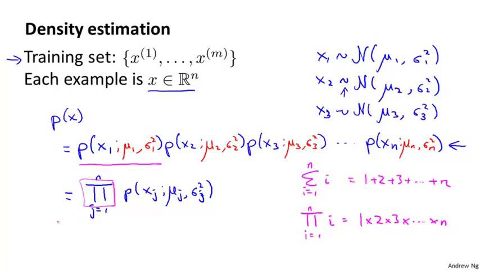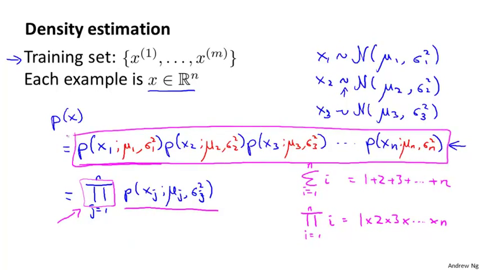And so using this product notation, this product from j equals 1 through n of this expression is just a more compact, or shorter, way of writing out this huge product of all of these terms up there, since we're taking these p of xj given mu j comma sigma squared j terms and multiplying them together. And by the way, the problem of estimating this distribution p of x is sometimes called the problem of density estimation, hence the title of the slide.